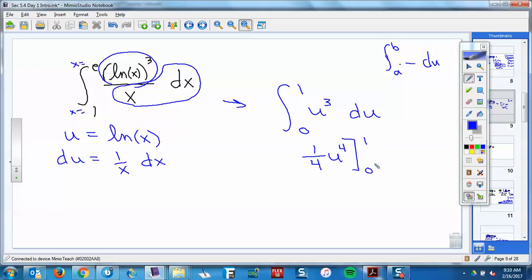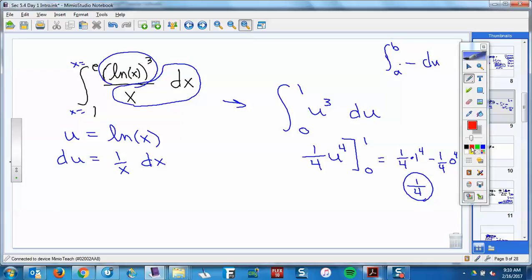Remember, when we do our right bracket, we don't put on the plus c, because it would just subtract out anyway. So now we can just put in our 1 and our 0, and we get 1/4 times 1 minus 0, we just get 1/4. Does that make sense?